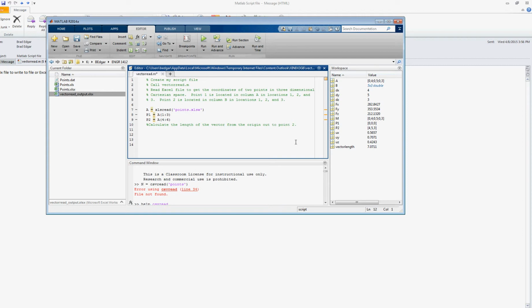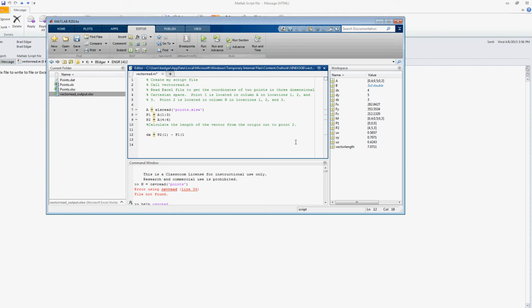So I will define a value dx, the distance from the origin out to point 2, as P2 entry 1 minus P1 entry 1.